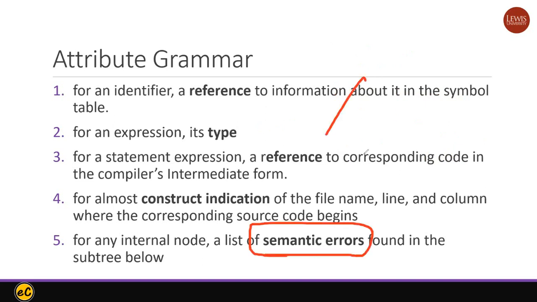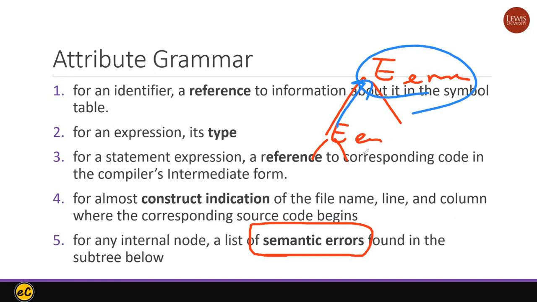Why error? Because your expression may have an error. If your lower level has an error, you pass the error up. So basically this program has an error. Semantic error is also an attribute. If your lower level has some error, you also have the error, and you pass it up.